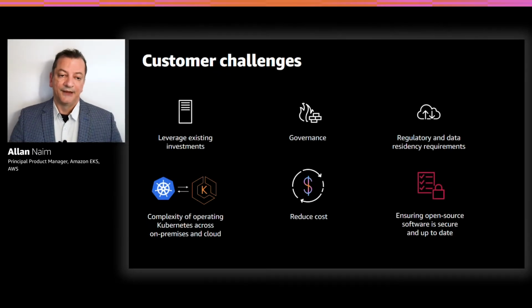However, some customers have applications that need to run on premises due to regulatory, latency, and data residency requirements, as well as requirements to leverage existing infrastructure investments. To do this, they have to create and operate Kubernetes clusters on premises using different tooling than their clusters on AWS, and maintain multiple vendor support agreements to ensure their open source software is up to date.